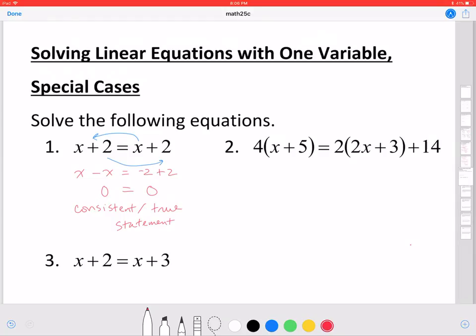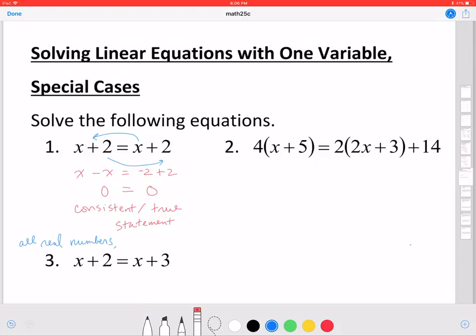So there are several ways you can write the answer. You can just say the answer is all real numbers, or you can also write it this way: x belongs to the set of real numbers.